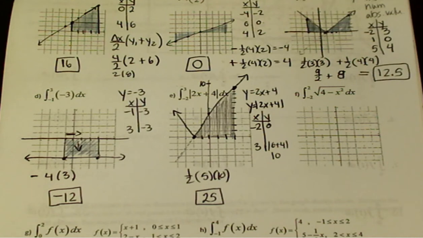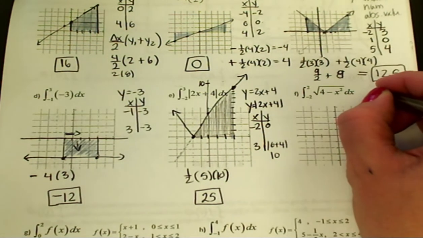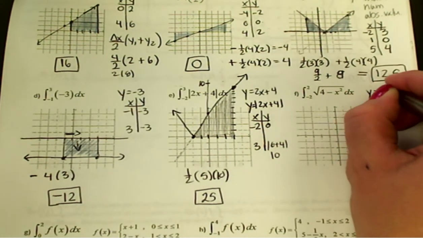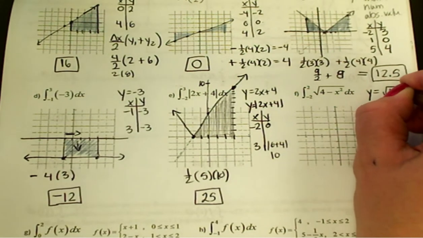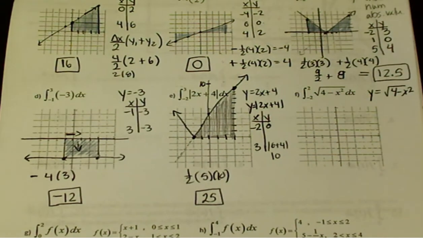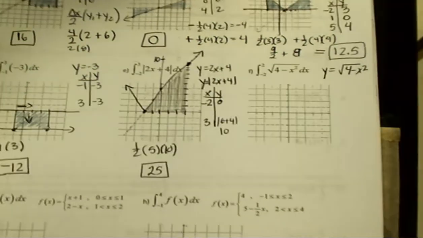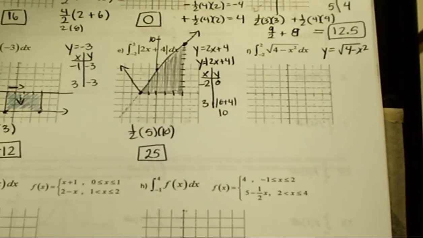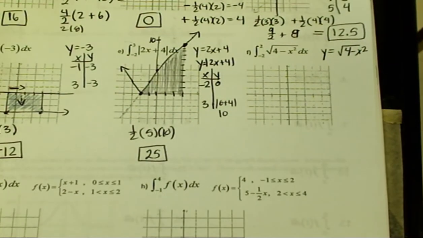Oh, okay. Well, let's try this one. Y equals square root of 4 minus x squared. It's kind of weird to mix radicals and squares. What happens if you square both sides?